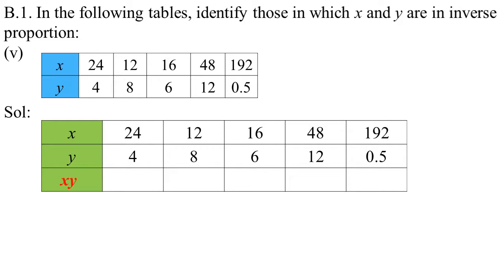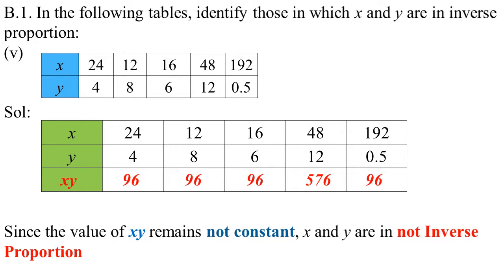So multiply x and y values. 24 into 4, we get 96. 12 into 8, we get 96. 16 into 6, we get 96. 48 into 12, we get 576. 192 into 0.5, we get 96. Since the value of xy is not constant, x and y are not in inverse proportion.